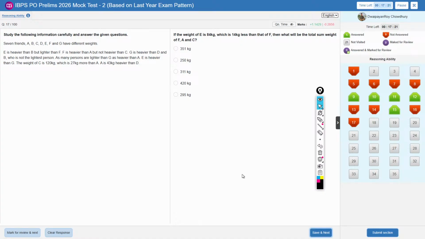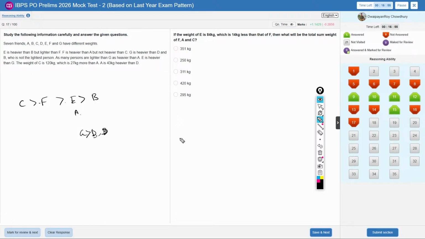Under teachers, seven friends. E is heavier than B, lighter than F. F is heavier than A, but not heavier than C. G is heavier than D and B, who is not the lightest. 1, 2, 3, 4, 5, 6, 7.